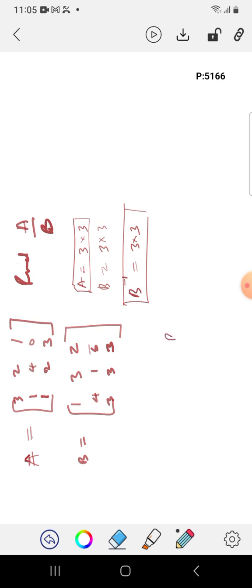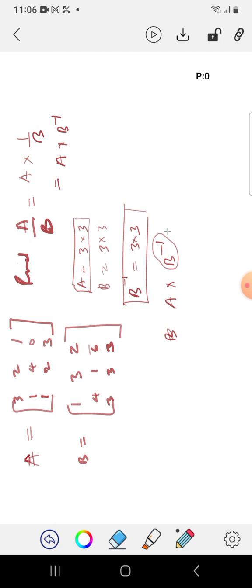So it's going to be A times B inverse, because A over B is the same thing as A times 1 over B, which is the same thing as A times B inverse. So all you need to work on is your B inverse.